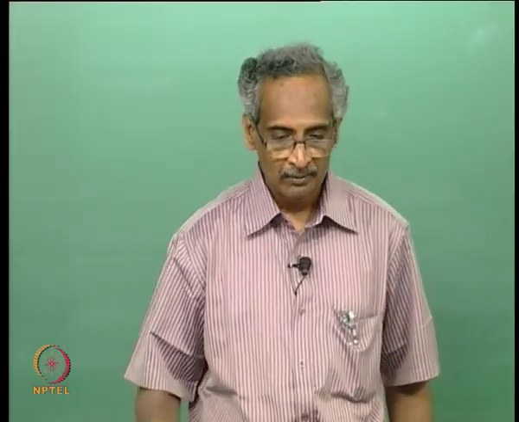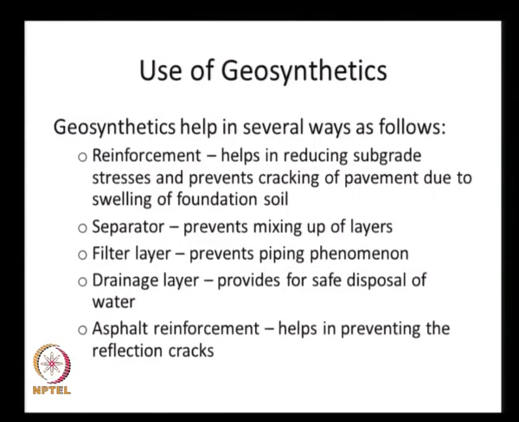And the geosynthetics can be used as a separator or along with the reinforcement function. This separator helps in preventing the mixing up of different layers, and it could act as a filter layer if we use a woven or a non-woven geotextile.